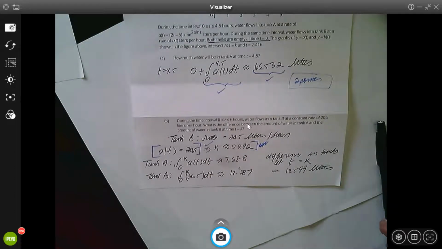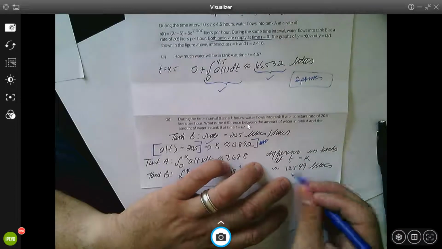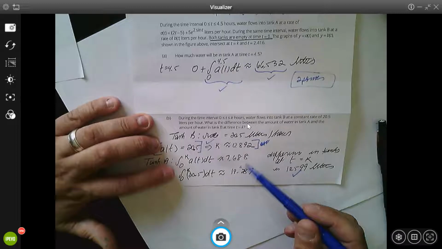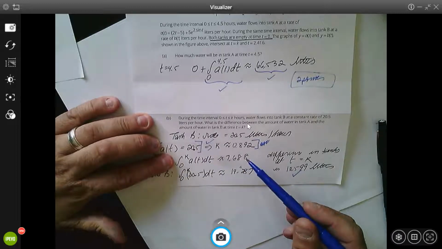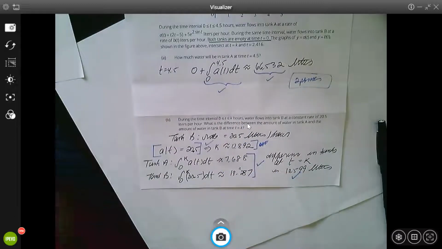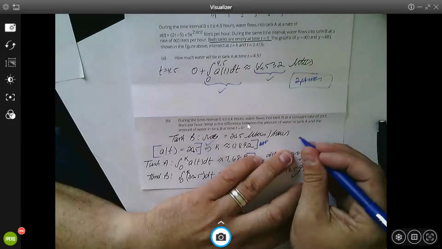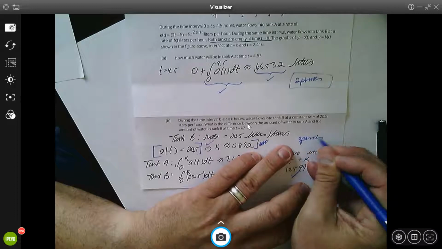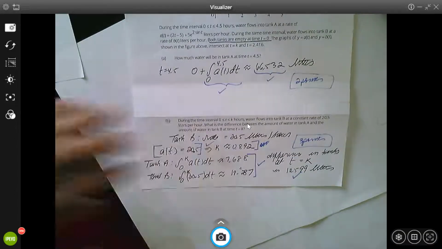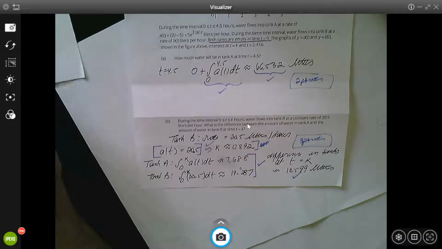Then 1 point for the integral and 1 point for your final answer of 10.599. Because I did this as two different integrals, I'm not sure if I'd have to get both integrals correct to get the answer. But this is a 3-point question, and I know we came up with the right answer, just a little bit different from what the College Board has. Let's move on to part C.